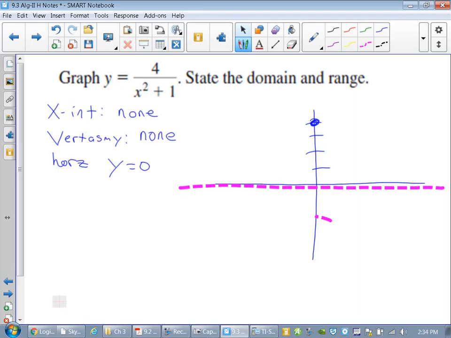Now I just have to figure out what the curve is doing. Pick numbers on the left and the right of it. Negative 2, negative 1, 1, 2. What's negative 2 squared? What's 4 plus 1? 5. So if x is negative 2, it's 4/5.